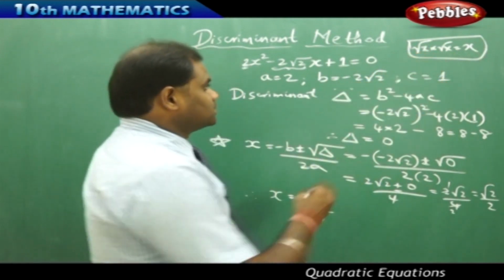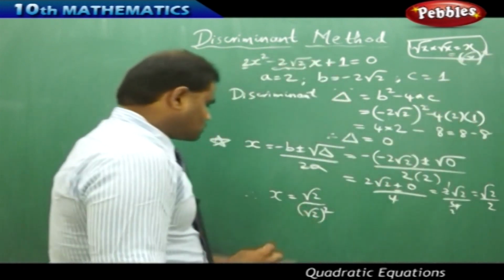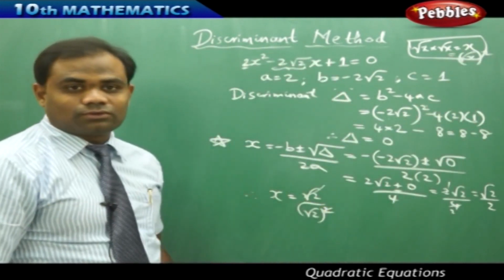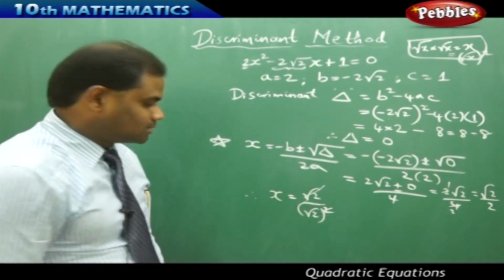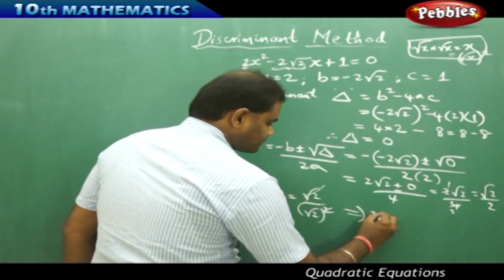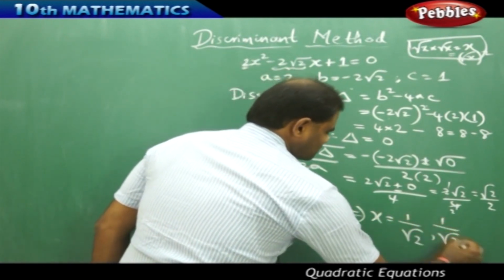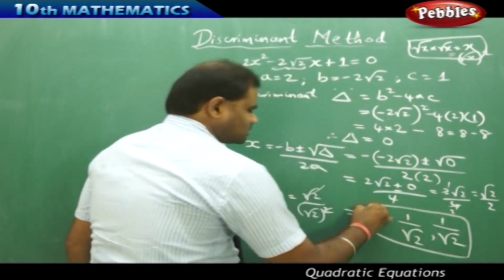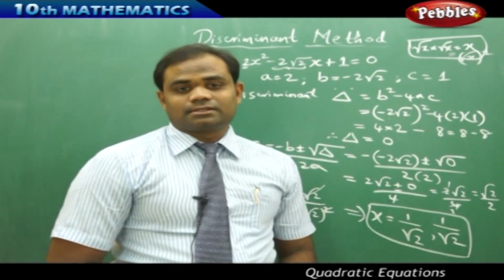The reason I write 2 as root 2 whole square is that I want to cancel one of the root 2, which gives me x equals 1 over root 2, which is the required solution.